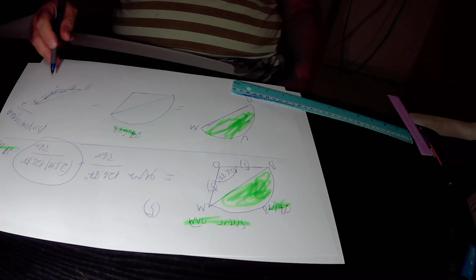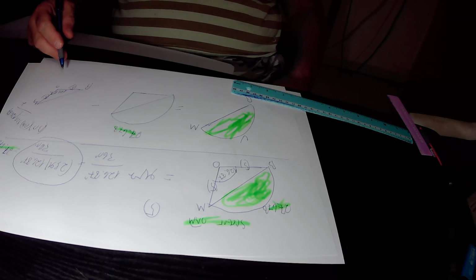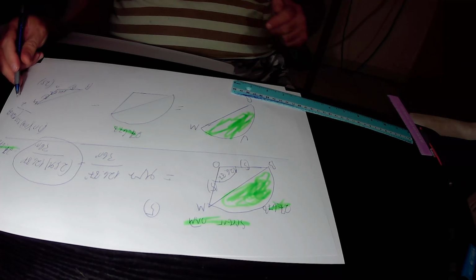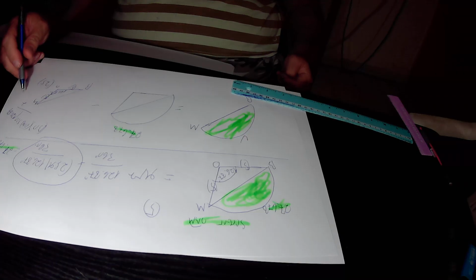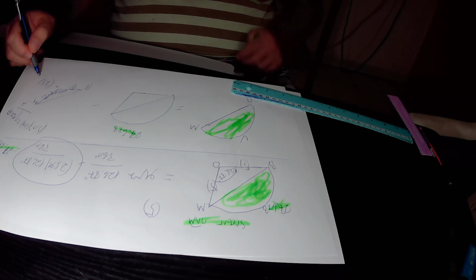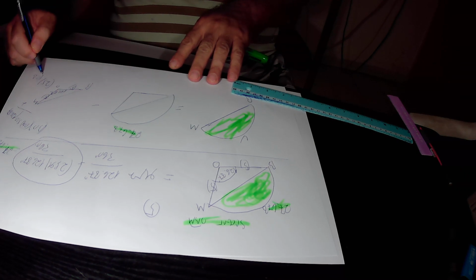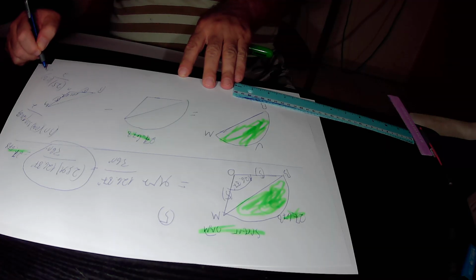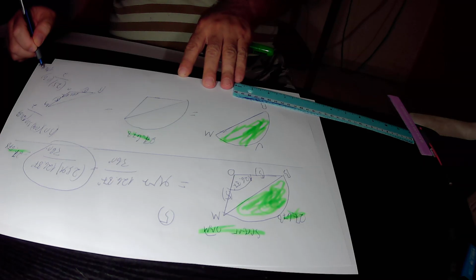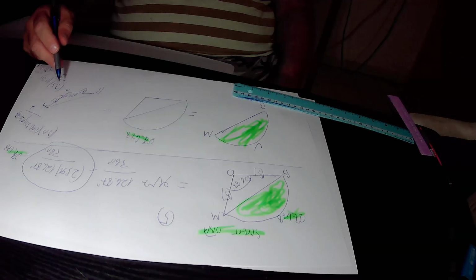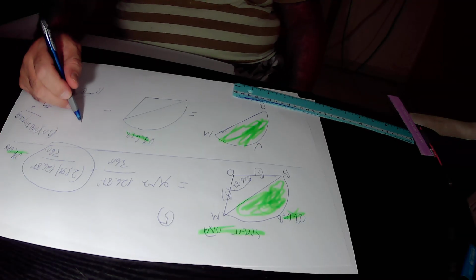BO is 5, OM is 5, so BO times OM is 25, times sine 126.87 degrees, which is 0.8, divided by 2. 25 over 2 is 12.5, and 12.5 times 0.8 is 10. So in total, the area of this triangle BOM equals 10 square inches in its size.